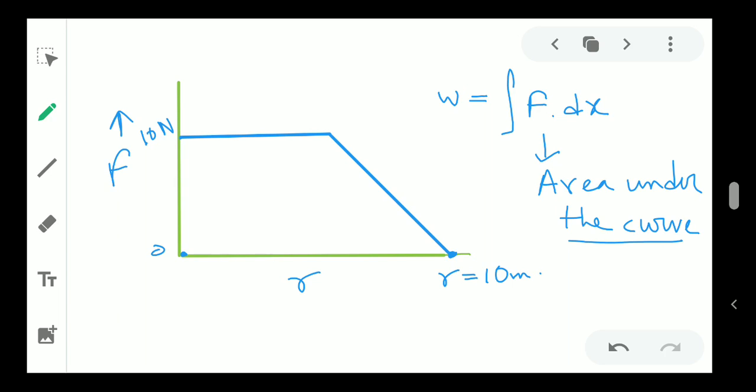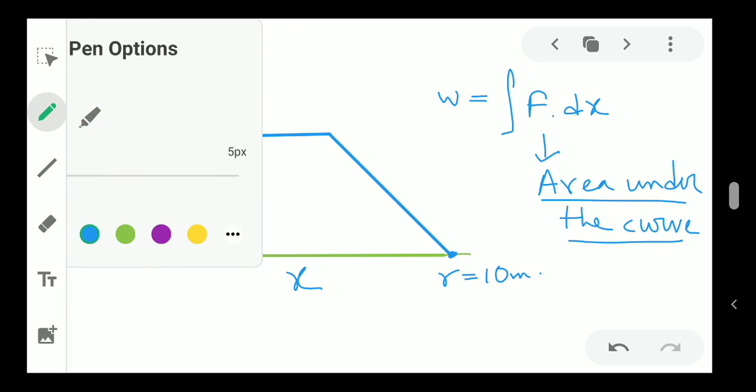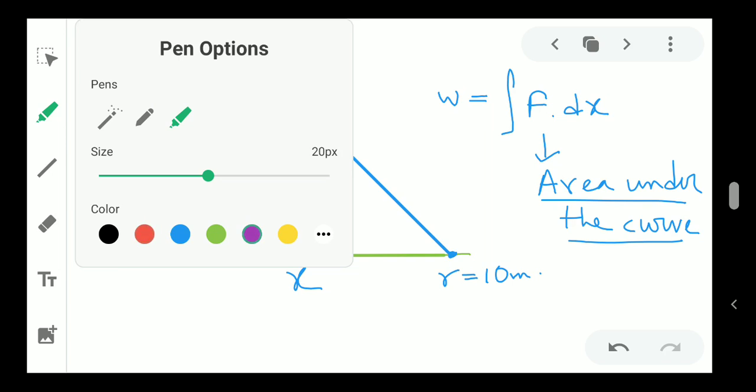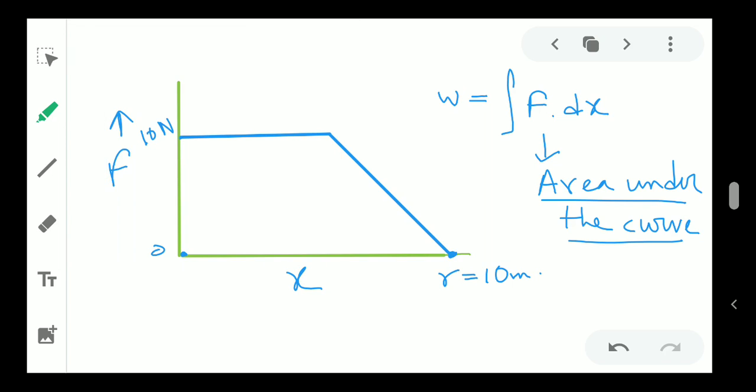So any kind of integration is always the area under the curve. So we have seen here that if we have F and x, this is the curvature and the area under the curve will be nothing but the work done itself.